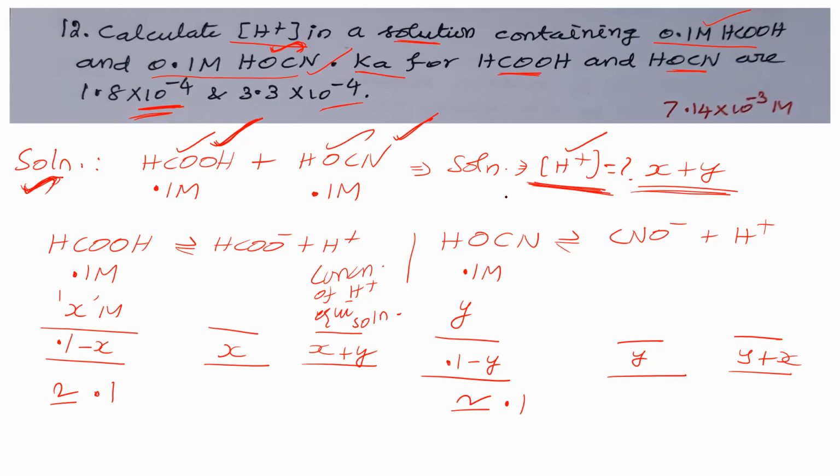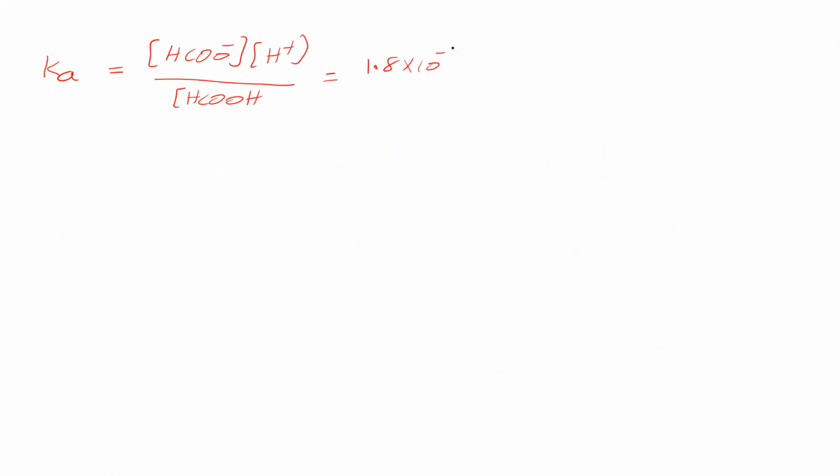First we will write the equilibrium constant for formic acid. Ka is equal to formate ion and H plus in the numerator, and formic acid in the denominator. The Ka value for formic acid is 1.8 into 10 to the power of minus 4.